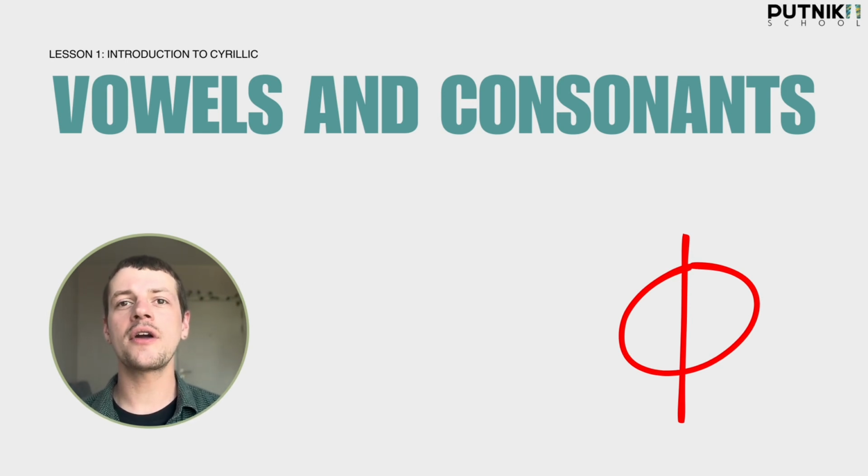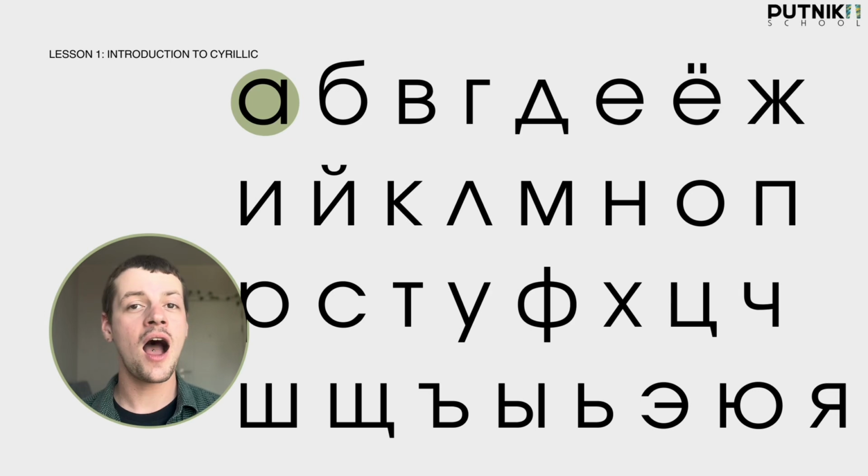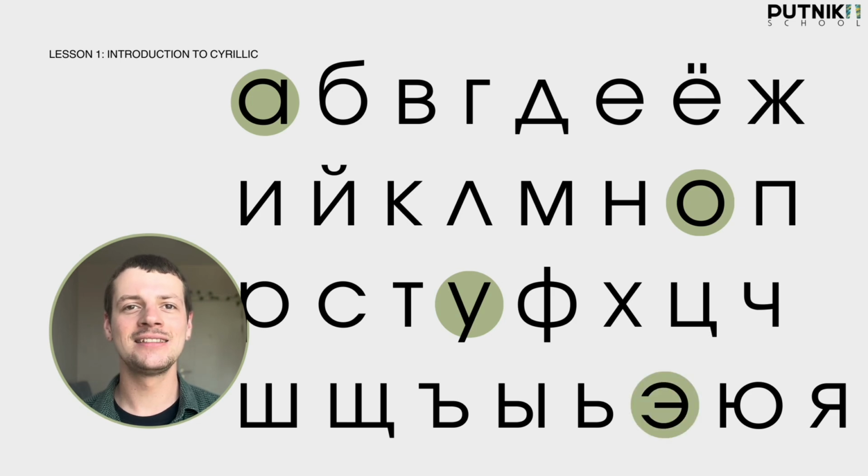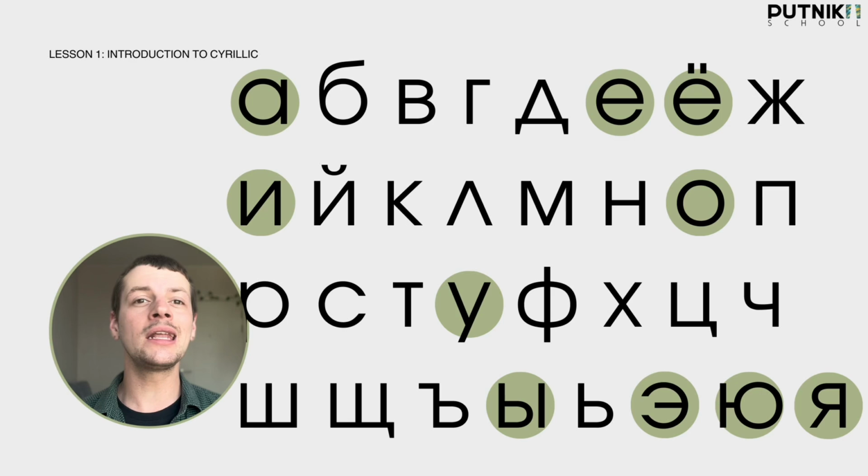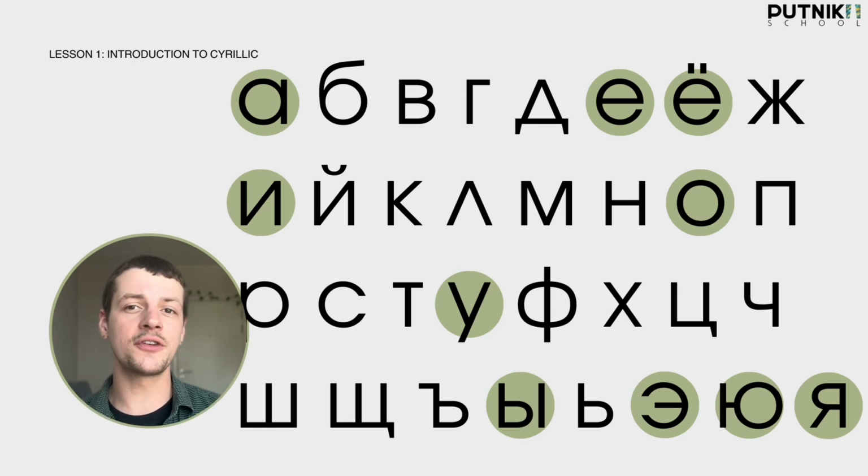In Russian, there are 10 vowels: A, O, U, E, I, U, Ye, Yo, U, and Ya. Each vowel has a very specific sound. Let's go through them one by one and compare them to English words so you can hear similarities and differences.